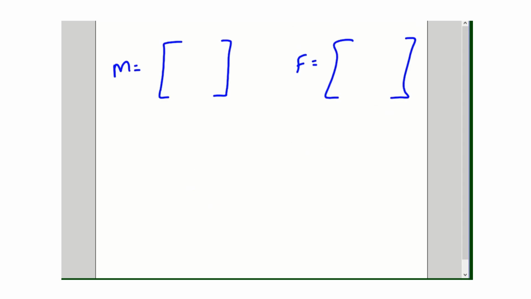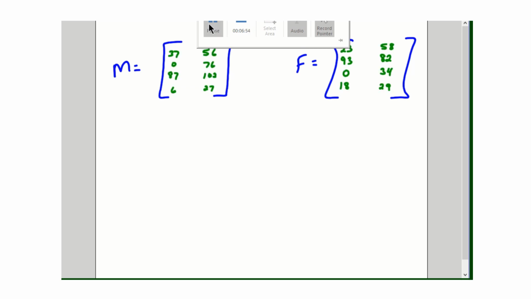Okay, next couple problems. You want to try and find the male and female matrices that are described there, so go ahead and do that. Set up the matrices for the information shown in questions 4 and 5. There are your matrices.